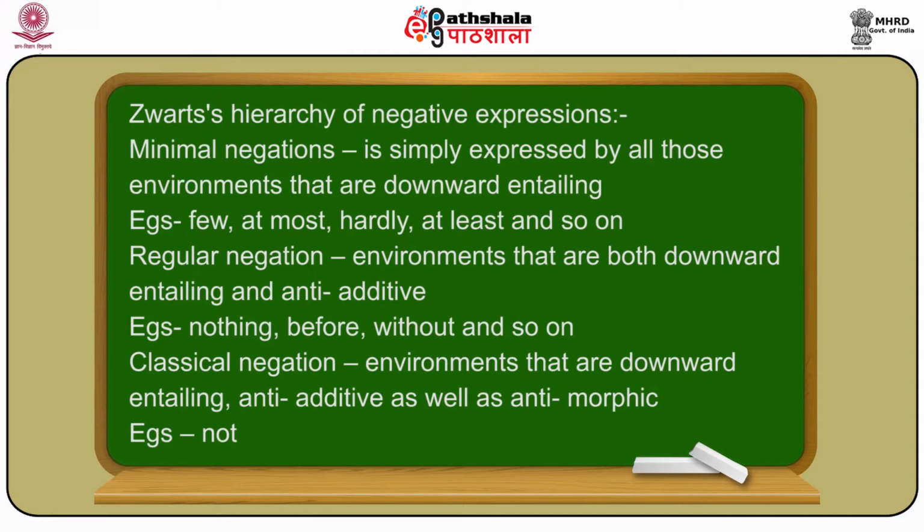What about classical negation? Well, classical negation are those environments that are downward entailing, anti-additive, as well as antimorphic. An example of a classical negation would be the pure negation expressed by the English not, and its counterpart in various other languages.